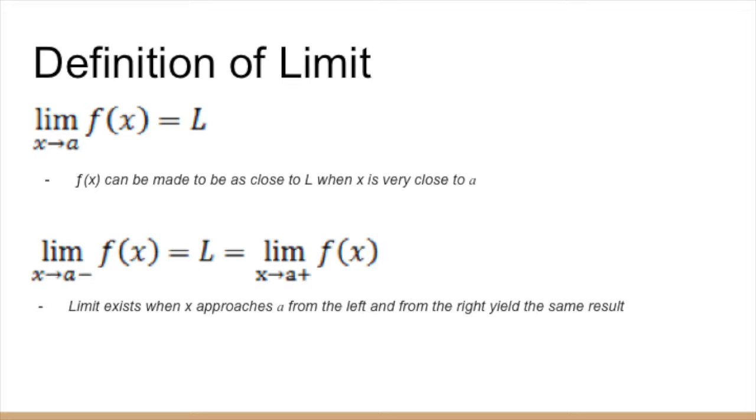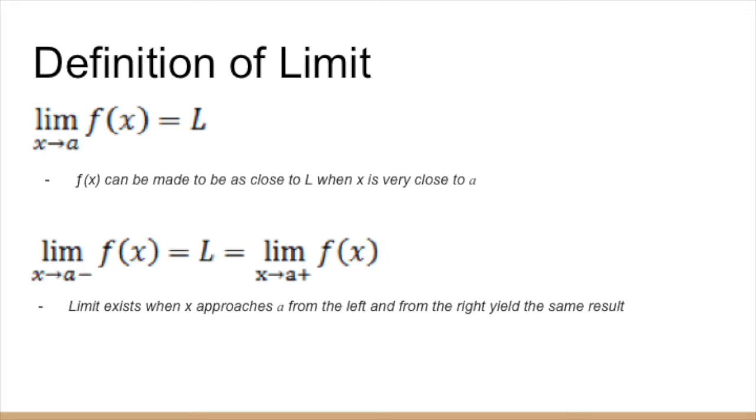Suppose that f is a real valued function and L is a real number. This expression means that f of x can be made as close to L as possible by making x as close to A as possible.